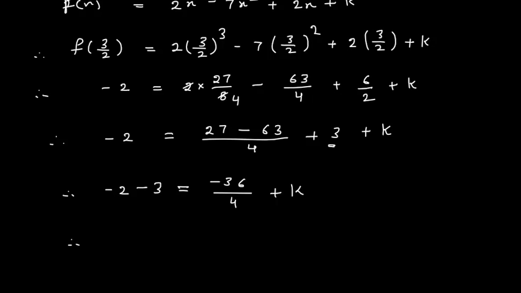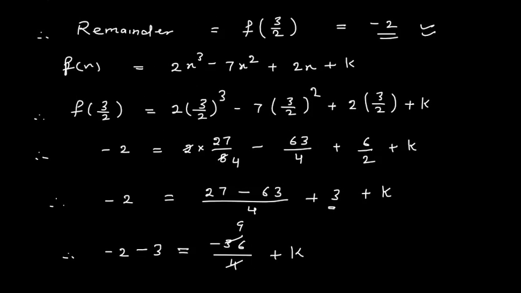So therefore now 4 9s are 36, so it is minus 2 minus 3 and this is plus 9. Minus 9 will come on this side, it will become plus 9. Minus 2 minus 3, it is minus 5. Minus 5 plus 9, it is 4. So therefore we say that 4 is equal to k. So value of k is 4.